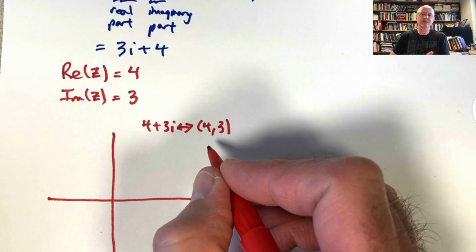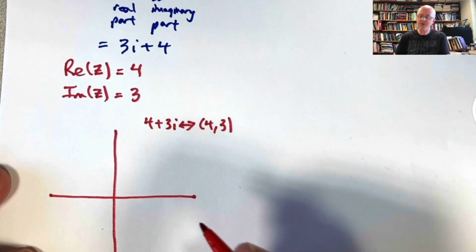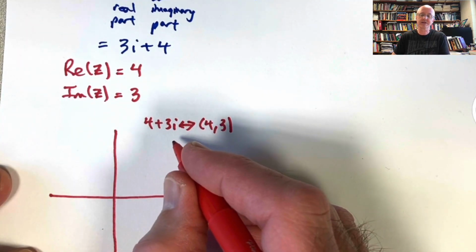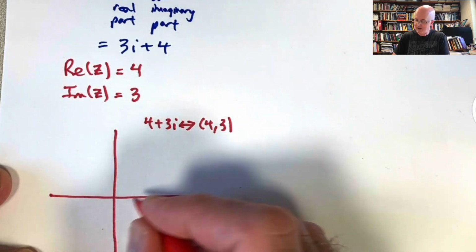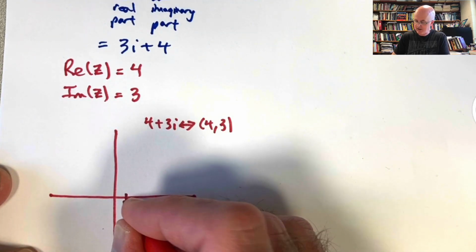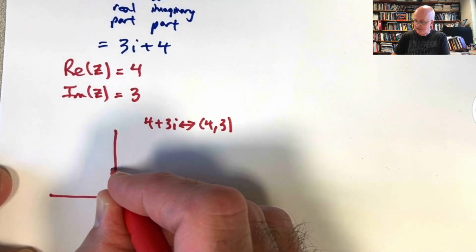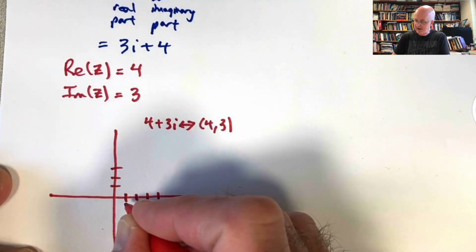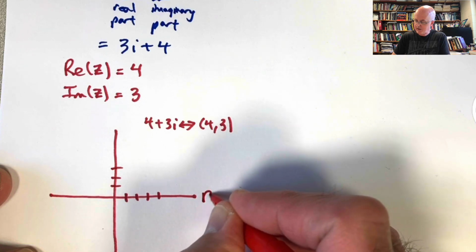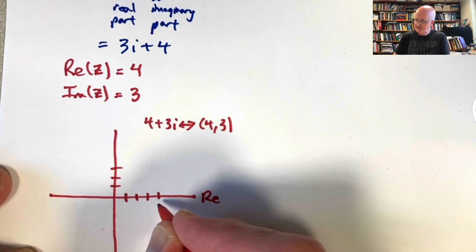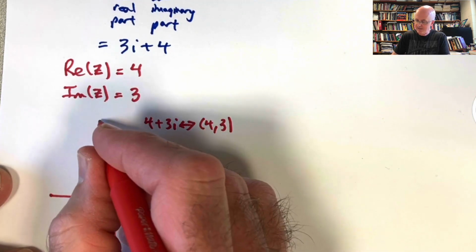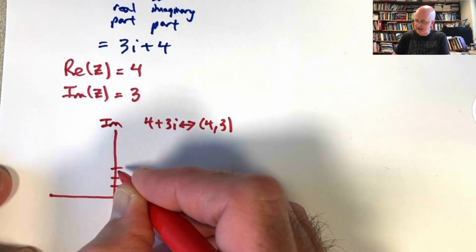Once we've made this association, then it's very natural to plot the complex number 4 plus 3i as a point in the plane whose coordinates are 4, 3. So go ahead, and if you have graph paper, that's great. I don't have graph paper, so I'm drawing it. I'm marking off on the horizontal real axis 4 spots to the right, and on the vertical imaginary axis 3 spots up.